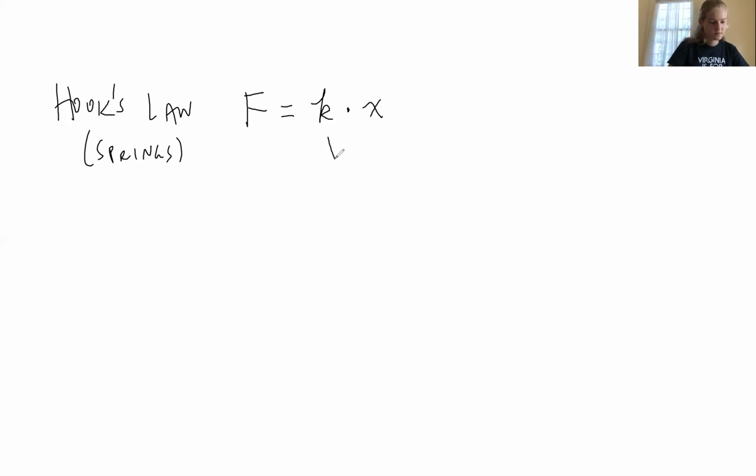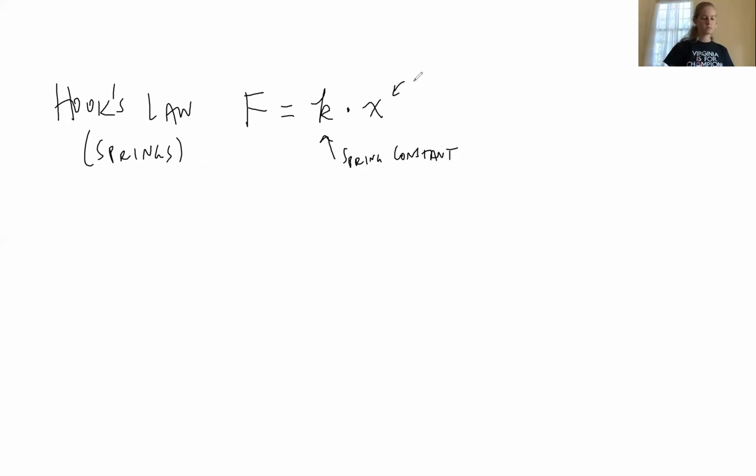So this is the spring constant for the spring, and it depends on what the spring is made out of. If it's really stretchy, you'll have a different spring constant than if it's like the shocks in your car. So it's sort of how much force you have to impart. If the springs in your car, you have to put a lot of force to move it. So the spring constant is going to be high.